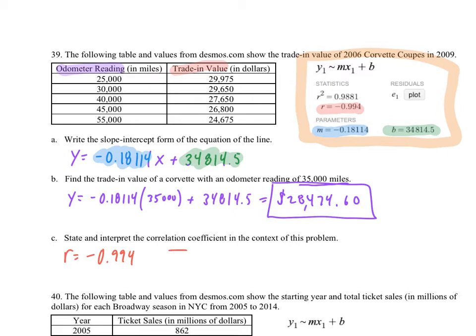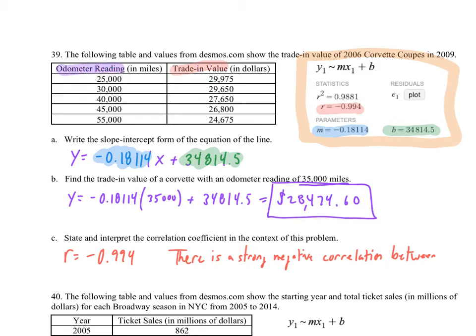So we would just say there is a strong negative correlation between, and just go back to your chart and look at the variables. What are we talking about here?